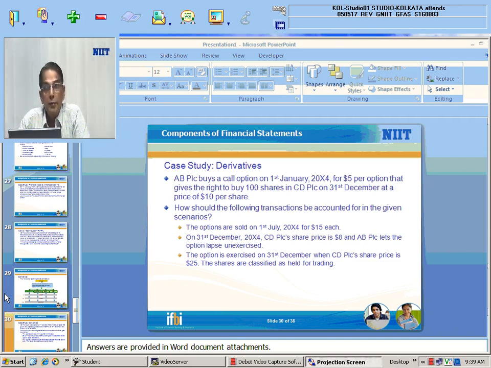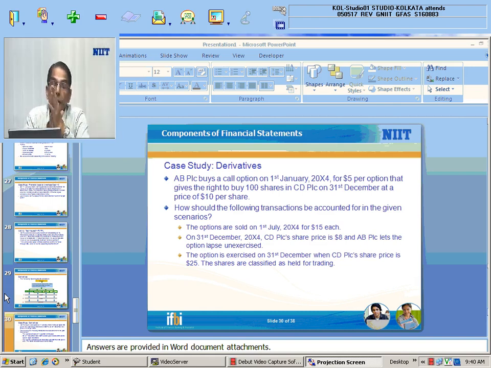The option will be out of the money. It's a call option, and $10 here is the price agreed, the strike price. For a call option, it is only exercised if the price of the underlying, here the shares of CDPLC, is above the strike price.